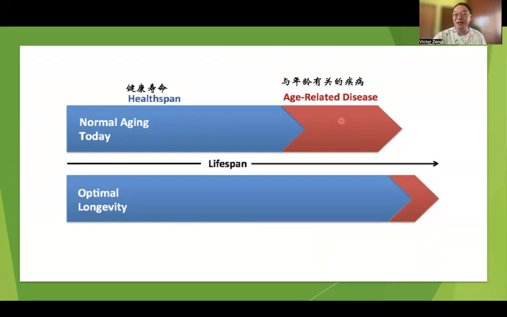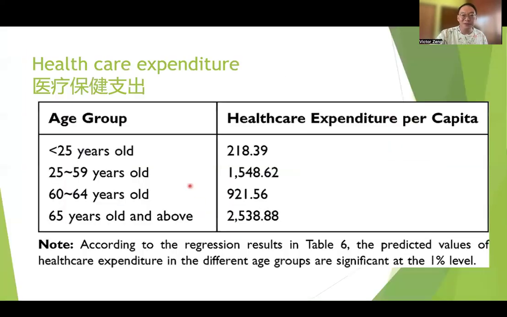So what we want is to extend the health span, so that you only have disease in the last 1 to 2 years of life. We want to lengthen our health span, not lifespan. Healthcare expenditure: if you are below 25, your health expenditure is minimal.